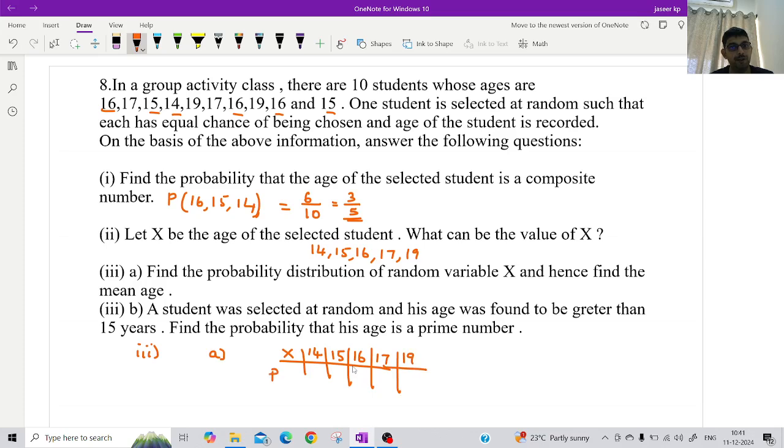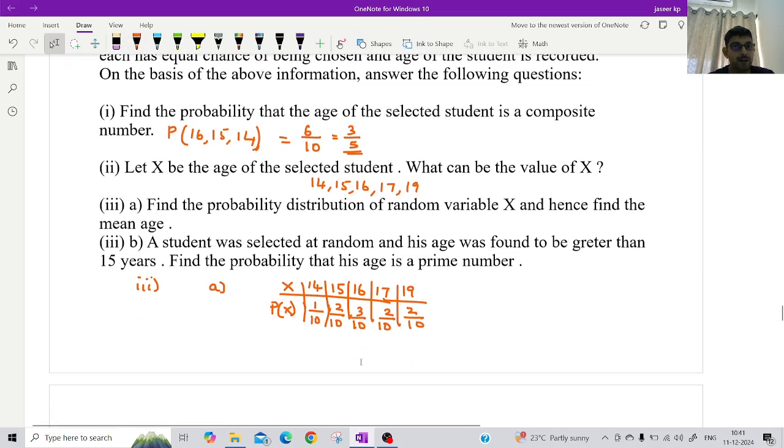Now the probability of x: 14 is there only one time, so 1 by 10; 15 is there 2 times, so 2 by 10; then 16 is 3 by 10; 17 is 2 by 10; 19 is 2 by 10. So this is the probability distribution.